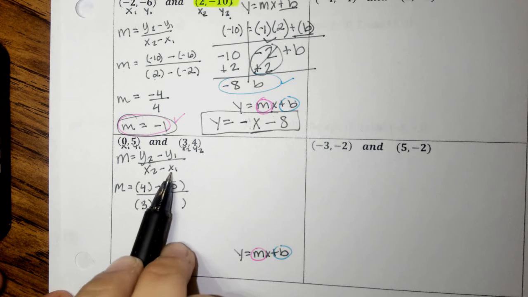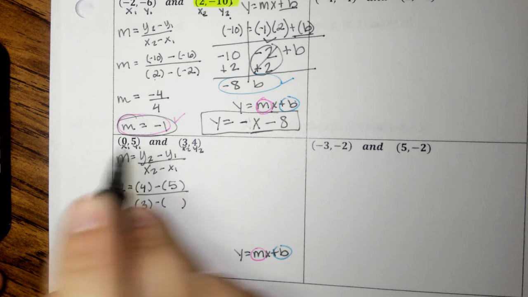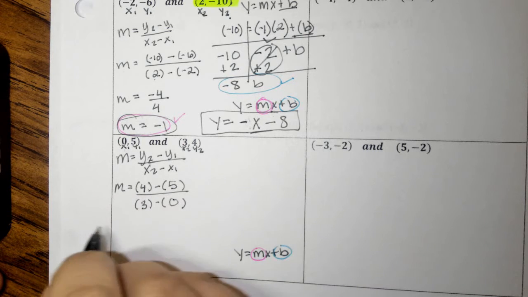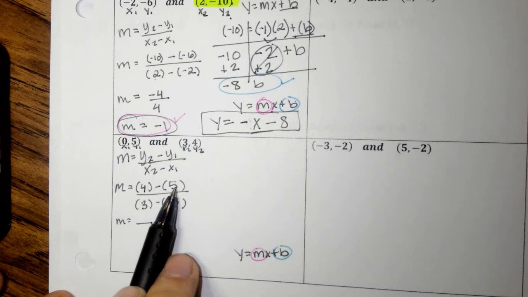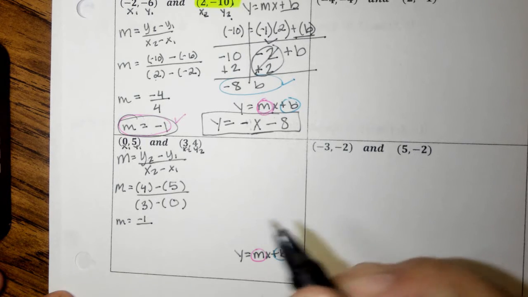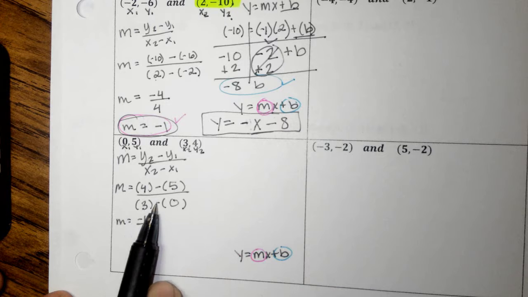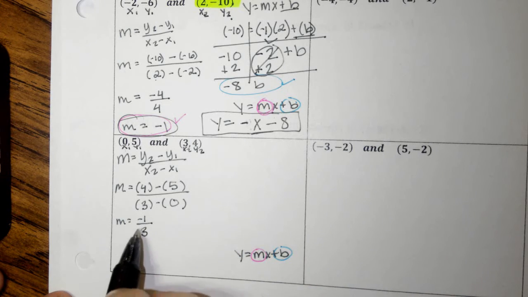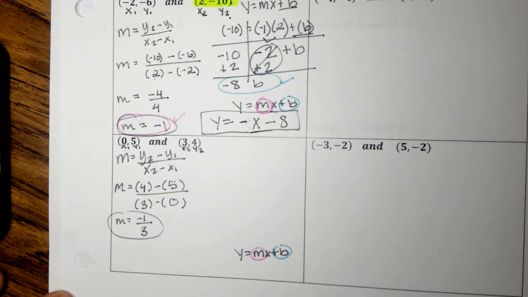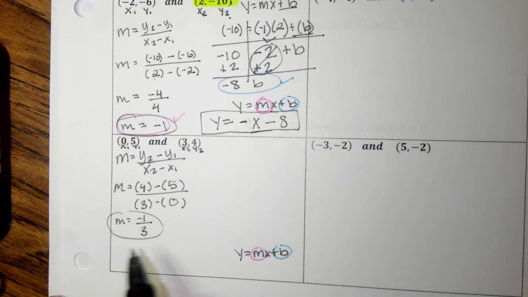This bubble is in place of x1, and x1 is 0. The numerator is 4 minus 5, which is negative 1. The denominator is 3 minus 0, which is 3. You can check on your calculator, but negative 1 over 3 cannot be reduced. So now I know that my slope, or m, is negative 1 over 3.